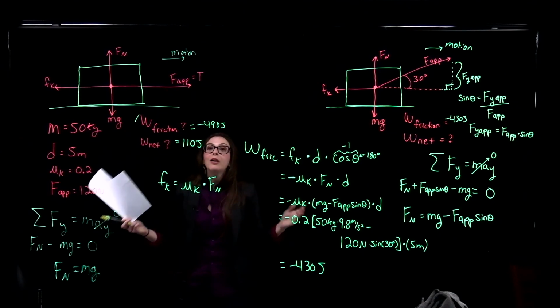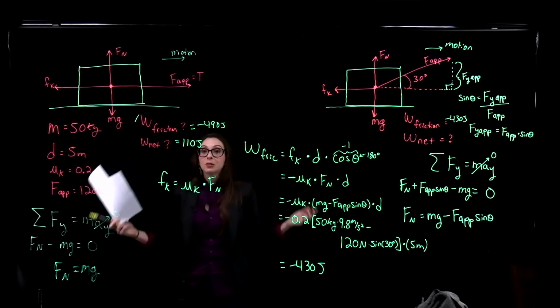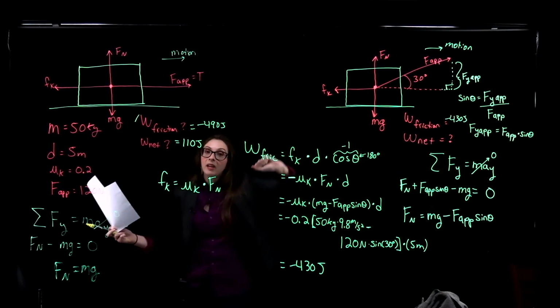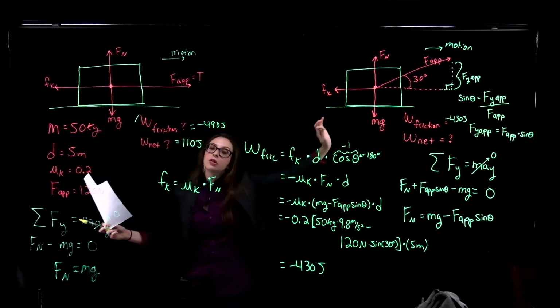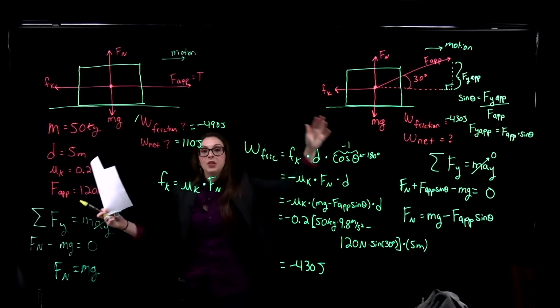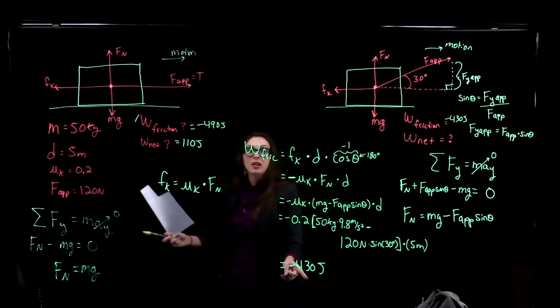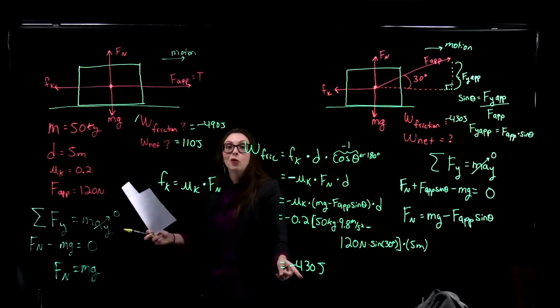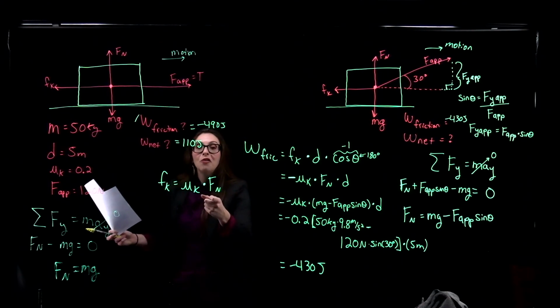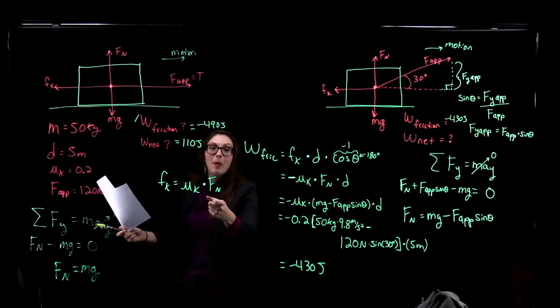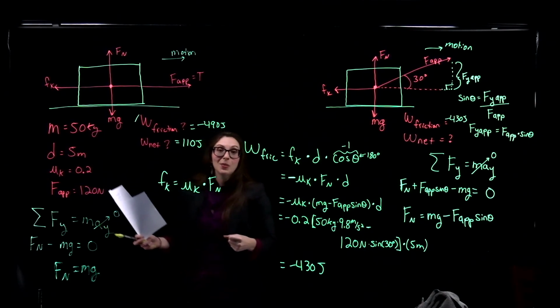So no longer will the normal force be equal to the mass times gravity. The normal force will actually be a little bit smaller in proportion to the force that we're applying vertically as we're dragging our object across the surface. That's why the work done by friction is a little bit less, because it all has to do with the normal force, since our friction force is also dependent on the normal force.